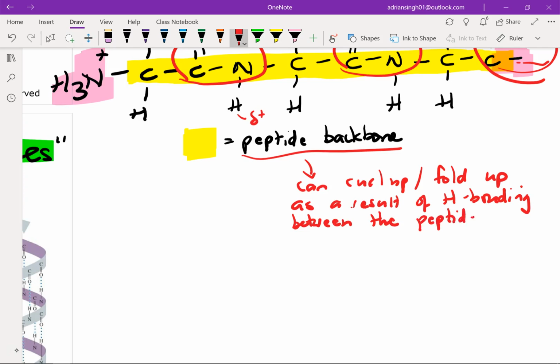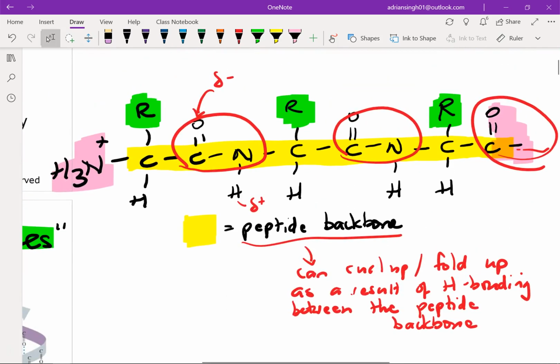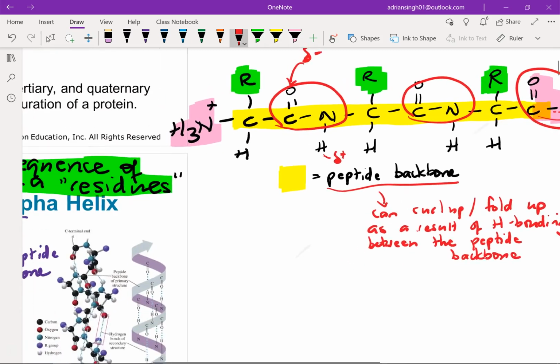What you'll see here is that we have the conditions necessary for hydrogen bonding to exist. We have an oxygen here that is slightly negative, and then we have our hydrogen over here that is slightly positive. Obviously, they can't hydrogen bond with each other, but if we had a long peptide or protein chain, amino acid residues further down the chain could actually hydrogen bond.